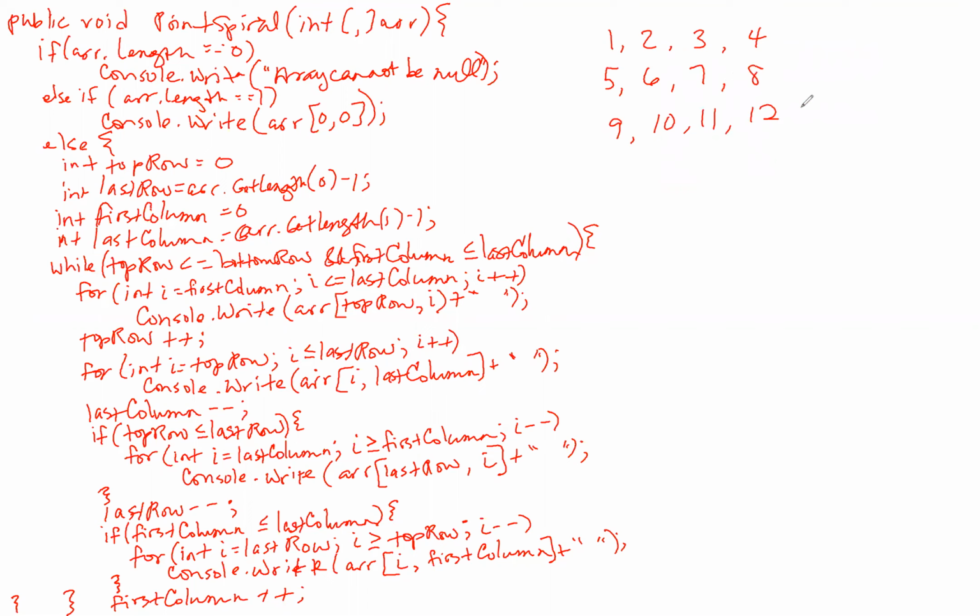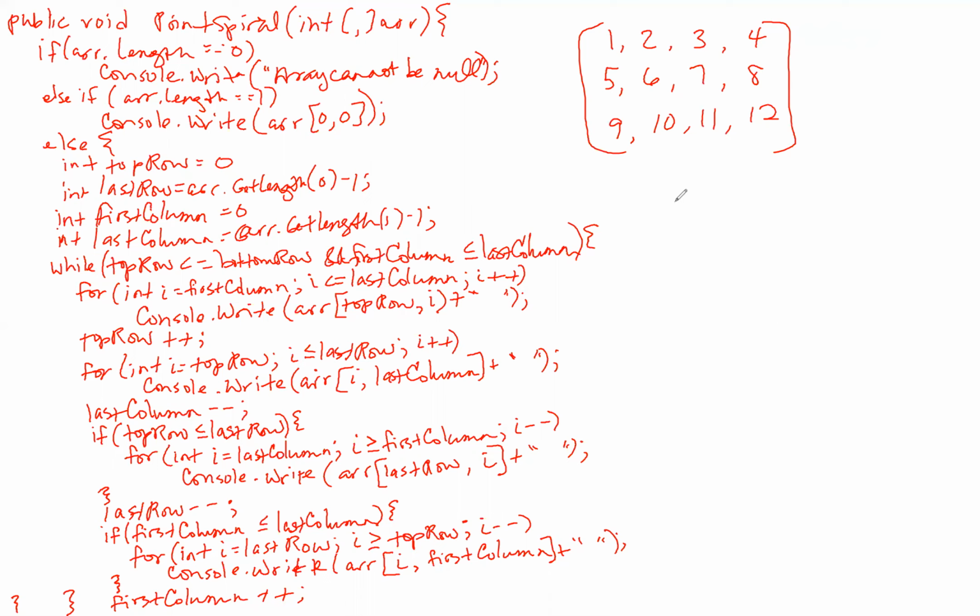Let's keep it an uneven array so that we can make sure that we're catching that condition properly. So first thing we do is see if our array is 0. It's not, so we don't do that. Else, if array.length equals 1, that's not true either. So we go into our final else statement.